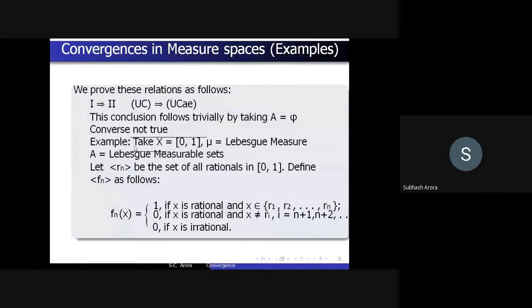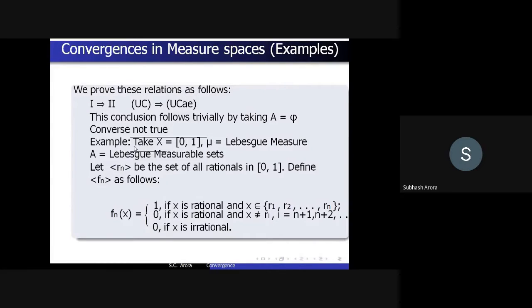Let Rn be the set of all rationals. You know, the set of all rationals in the interval 0, 1 is a countable set, and therefore it can be put in the form of the sequence Rn.